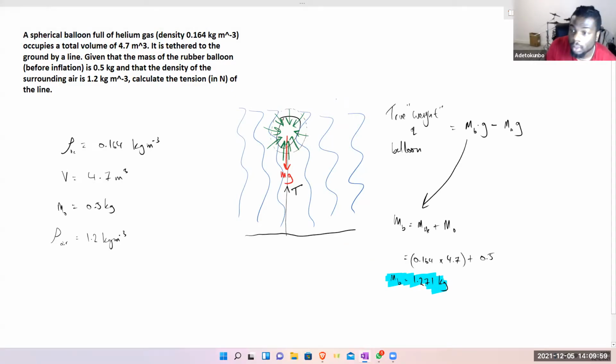Now, if we talk about the mass of the air that was displaced due to the volume. Okay. So the mass of the air is the density of the air multiplied by the volume of air, which is still 4.7. So the mass of air equals 1.2 multiplied by 4.7, the exact same volume that was displaced.